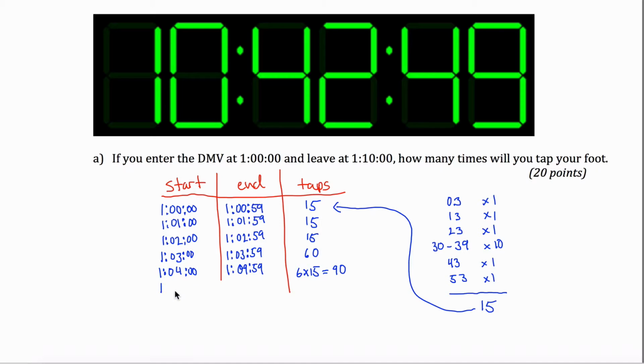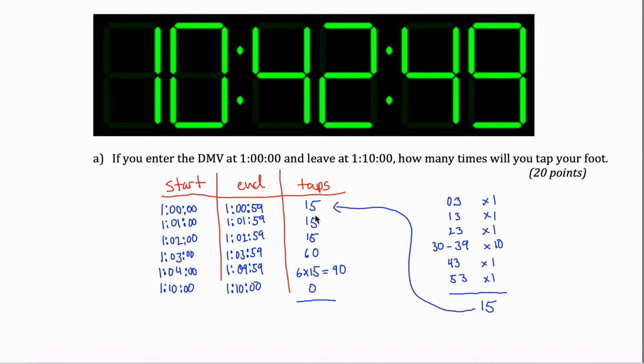And then I should count the 1:10 at the end here, 1:10, 0, 0 to 1:10, 0, 0. You could argue that you didn't even have to put that in there because there are 0 3s in that 1 second. But just so you can see that I start at 0 and end at 1:10, I'm going to write it. Then I'm going to sum these all up. 90 and 60 gives me 150.